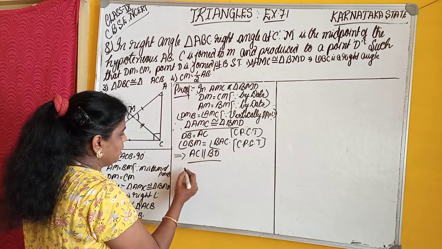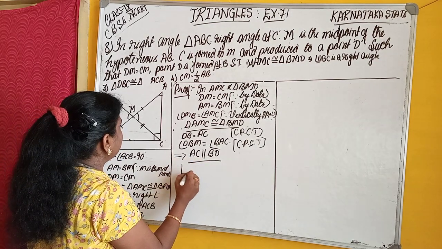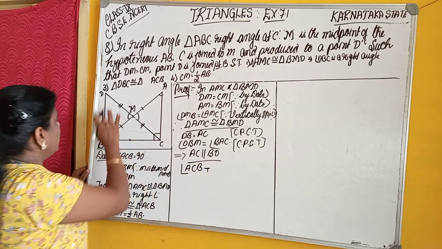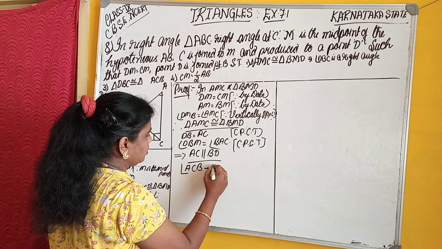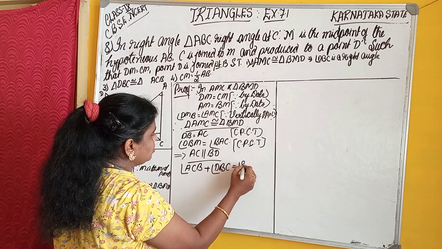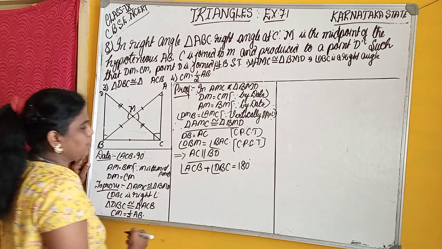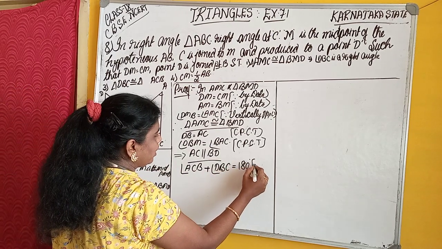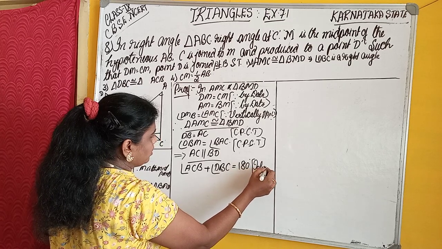Because AC is parallel to BD, therefore angle ACB plus angle DBC is equal to 180 degrees. Here, these two are interior angles, isn't it?